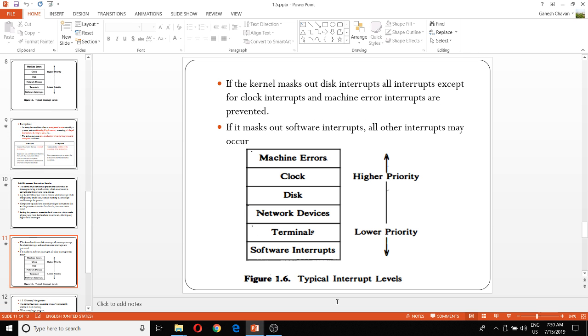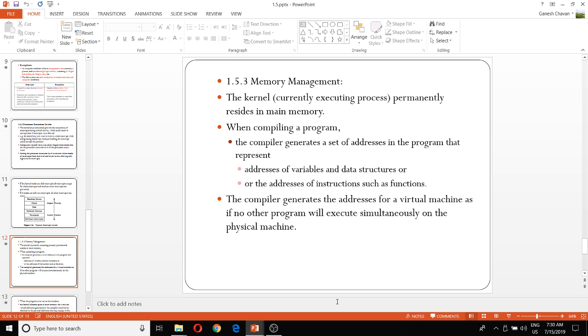If the kernel masks out disk interrupts as per the diagram given below, all interrupts except clock interrupt and machine error interrupts are prevented. If it masks software interrupts, then all other interrupts may occur.